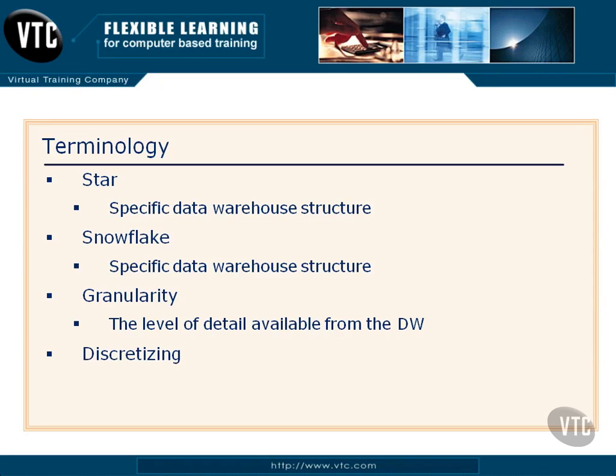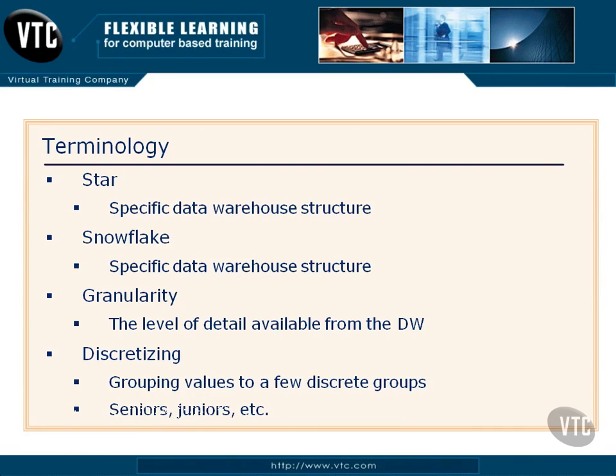Discretizing, however you want to say it. If you're from the United States, you're going to say it drastically different between the North and the South. But notice this is coming from the root word discrete, and this is just where we group values down to a few discrete groups. We do this all the time in life. Think about high school or college. We have seniors, juniors, sophomores, freshmen.